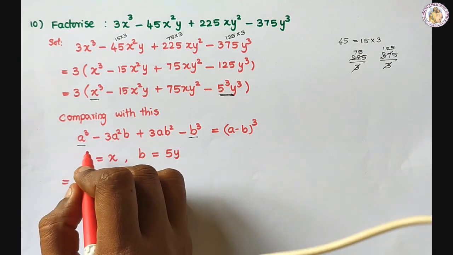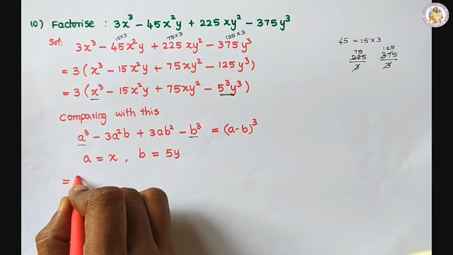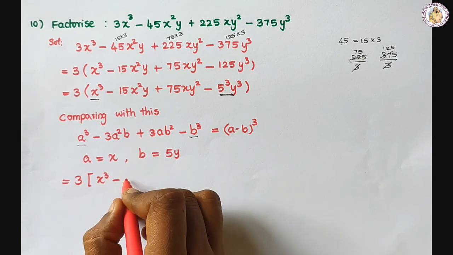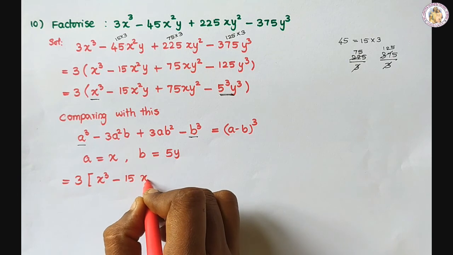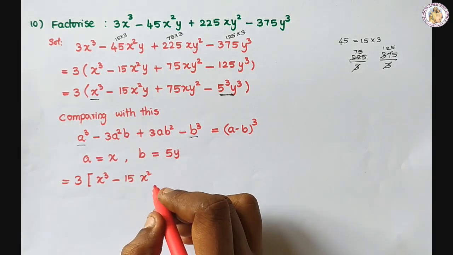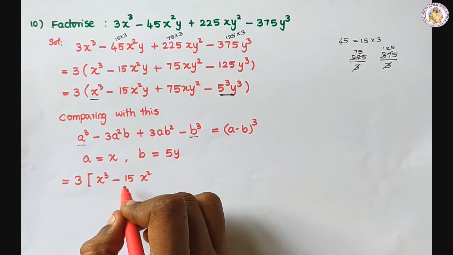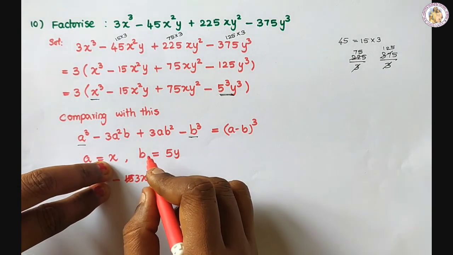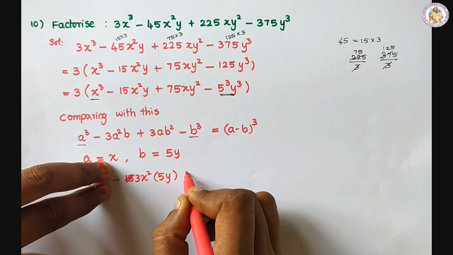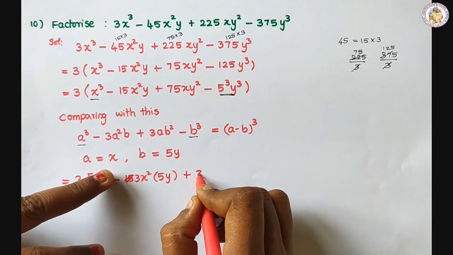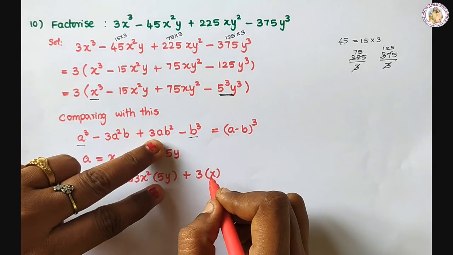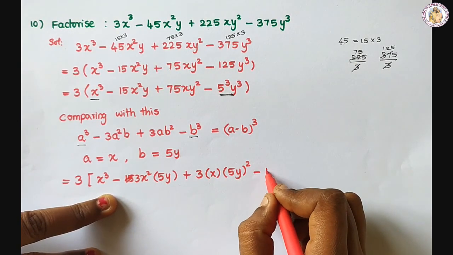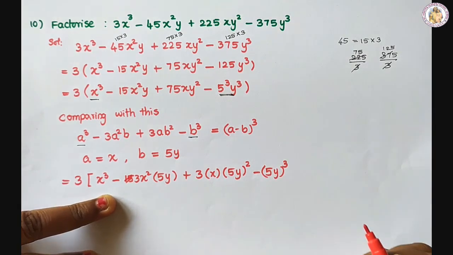Now write this one fully, that is 3 into x cube minus 15 x squared y, that is 3 into a squared, that is x squared, into b, that is 5y, plus 3 into a, that is x, and b squared, that is 5y whole squared, minus 5y whole cube.